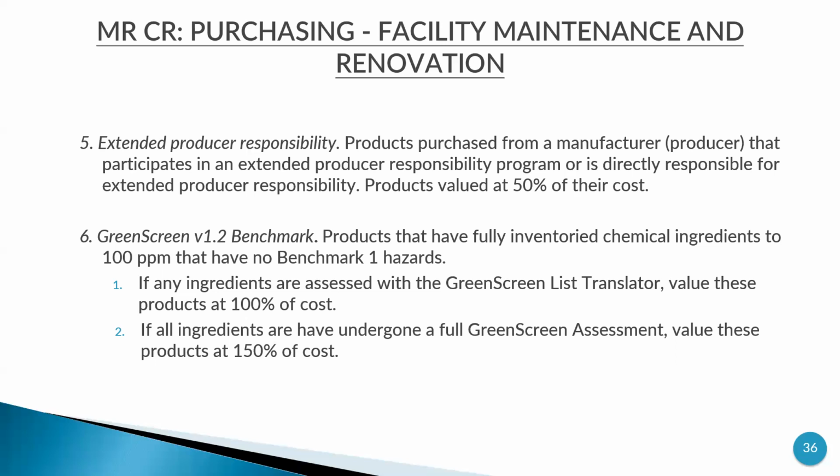That is a third party agency which will certify that this product is certified under version 1, version 1.2, 2.1, like that. If all ingredients have undergone a full GreenScreen assessment, these products are valued at 150% of the cost.